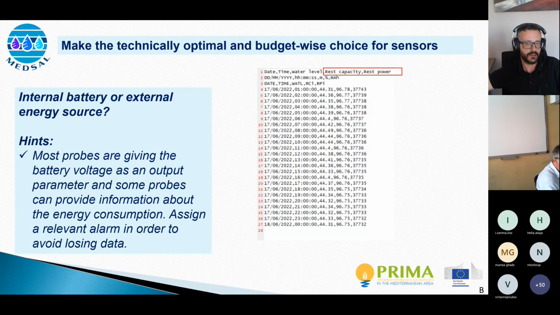So it is very wise, if you have a telemetry system, to assign a relevant alarm in order to avoid losing your data.